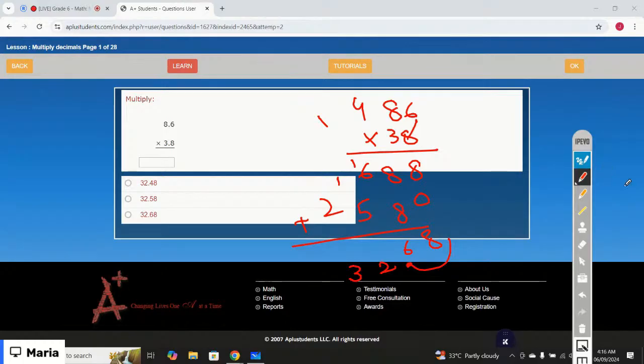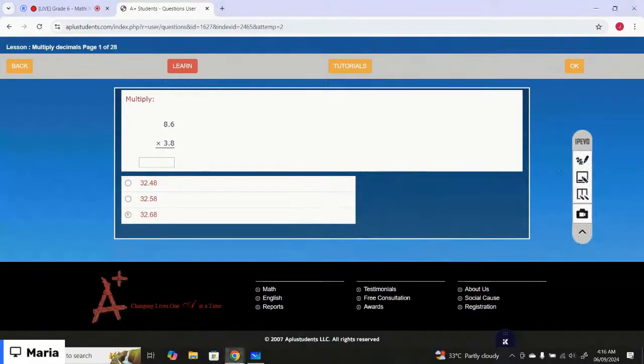So the correct option is 32.68. That is option number 3.